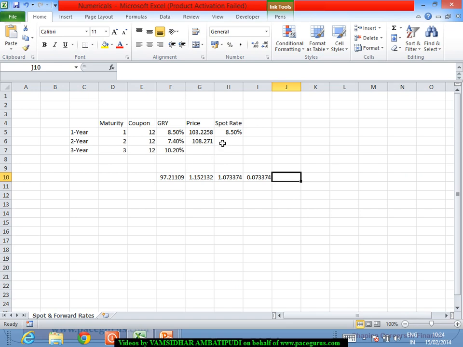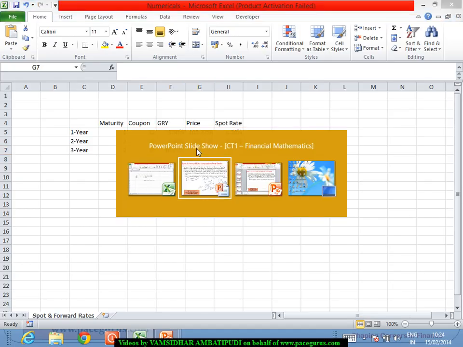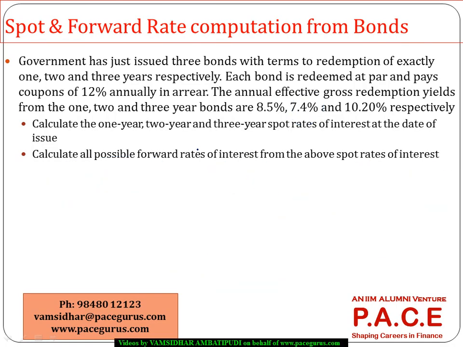The 2-year spot rate from this numerical works out to 7.34%. We should do the same logic for a 3-year bond so that we get a comfort level in terms of practice.